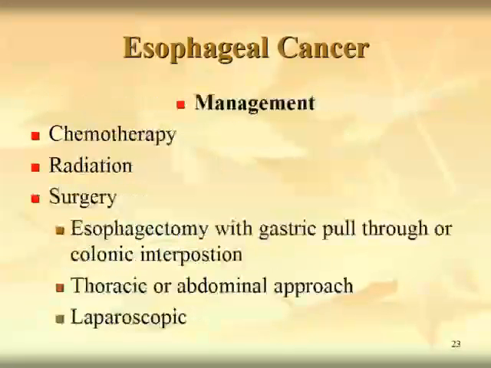Management for this particular cancer is going to include chemotherapy, radiation, and surgery. Most patients develop this type of cancer in the lower 1/3 of the esophagus. It's actually the 6th leading cause of death in men, and unfortunately it spreads very quickly to the supraclavicular lymph nodes and also to the liver and to the lungs.